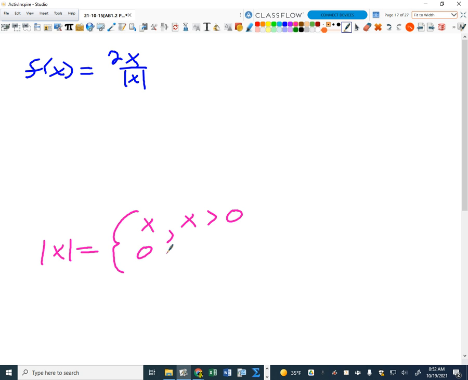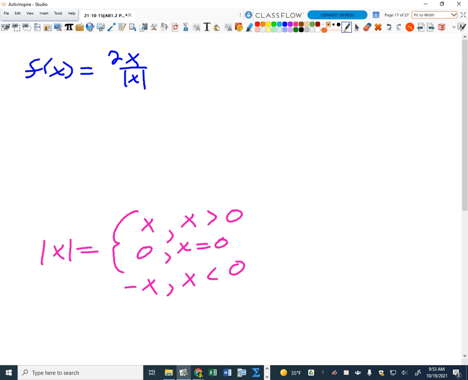It equals 0 when x equals 0, and it equals negative x when x is negative, right? We have to multiply the x by -1 to make it positive if I input a negative. Everybody agree? Okay. So then, what's this going to do for me?